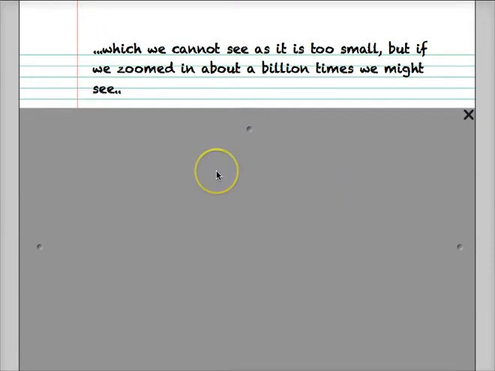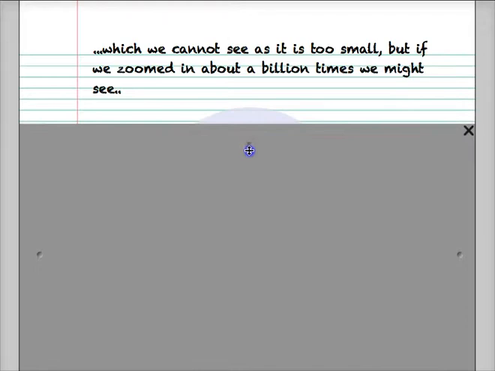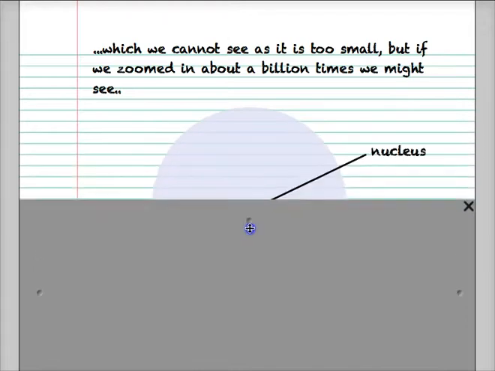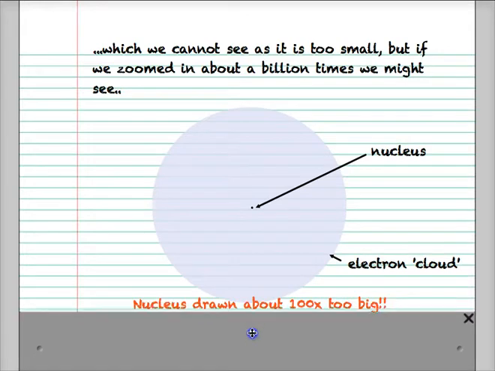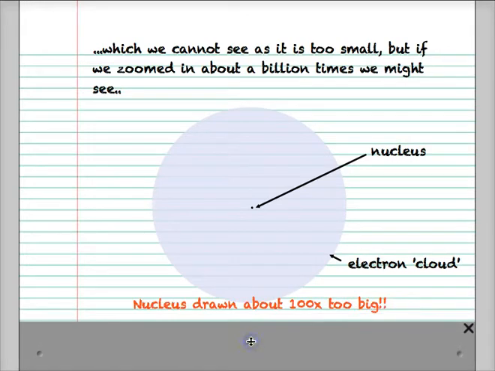If we zoomed in about 1 billion times, we might see the atom, and we might see something like this. So 1 billion times larger, we can see this sphere, a very cloudy looking thing.